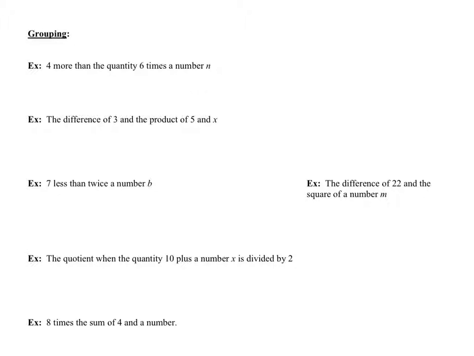So on this slide, we're going to talk about writing expressions when you see more than one keyword or phrase. Just to preview with the second example, you see more than, that's your first keyword or phrase, and then you see times. So one rule that we're going to follow is anytime you see a second keyword or phrase, you're going to always use parentheses around that second keyword or phrase.